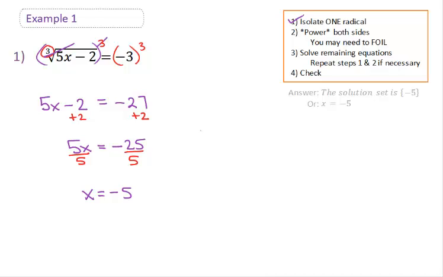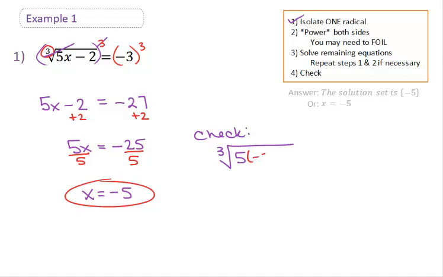Before I box this answer, let me check. I'm asking myself, does the cube root of 5 times my x, which I just learned is negative 5, minus 2, actually equal the negative 3 that we expected?